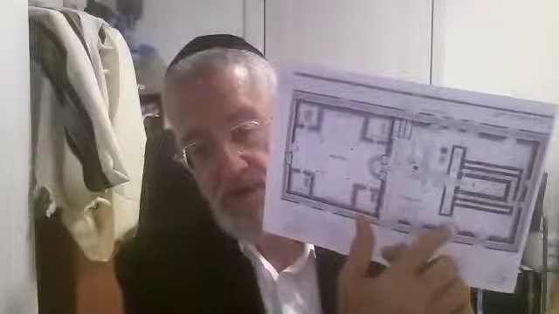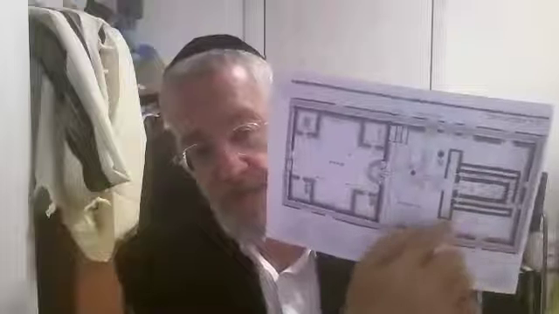Remember, the Beis Hamoked is going to have 2 doors. One door goes into the Azorah, and one door is going to go out to the Chayil. So the Kohen arrived last night, took the keys, went around the Azorah, closed all the doors, the entranceways to the Azorah, went back into the Beis Hamoked, closed the southern door of the Beis Hamoked, then closed the northern door of the Beis Hamoked.